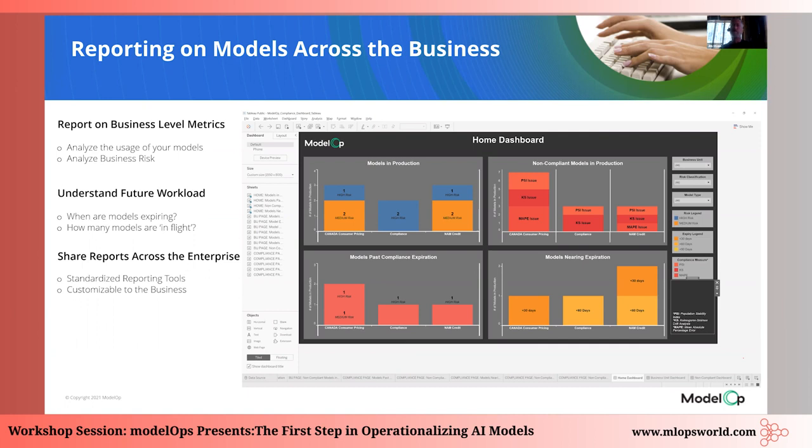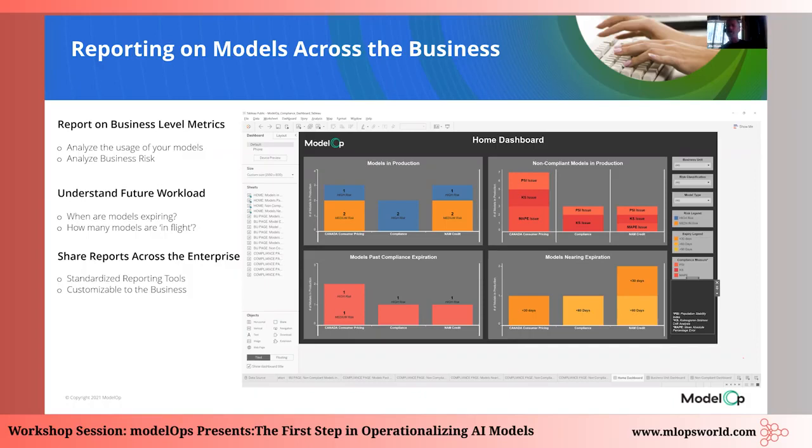But really what we want to know at a business level is not so much about the individual models, but where are all my models at compared to my actual goals for compliance across all kinds of models performing all kinds of tasks, so I know some of my potential liability.